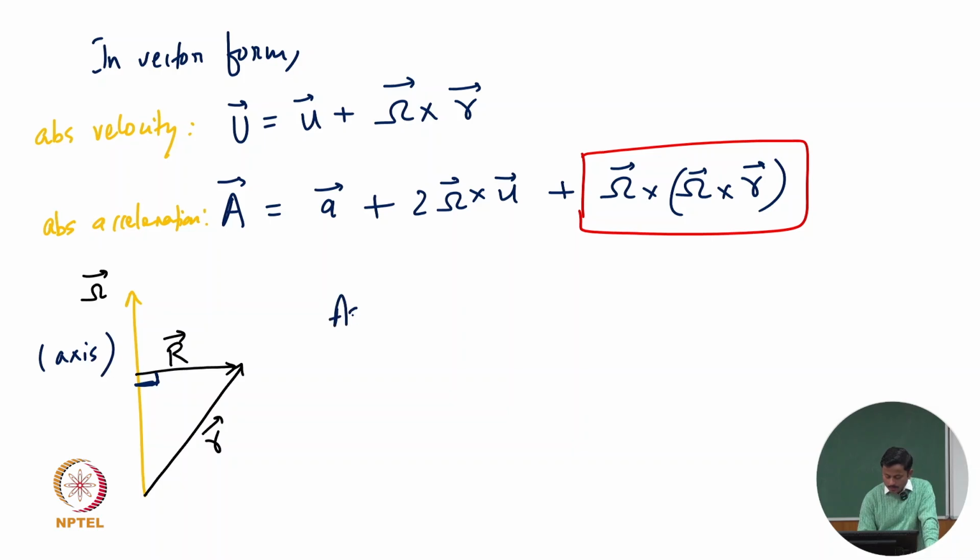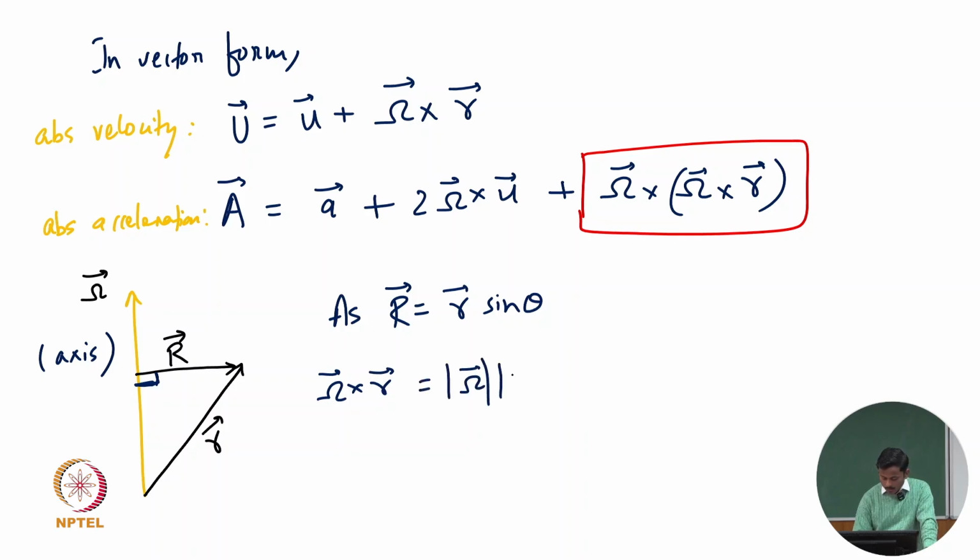Now, from geometry, capital R equals small r sine theta. Omega cross r has magnitude mod omega mod r sine theta, by definition of the cross product.